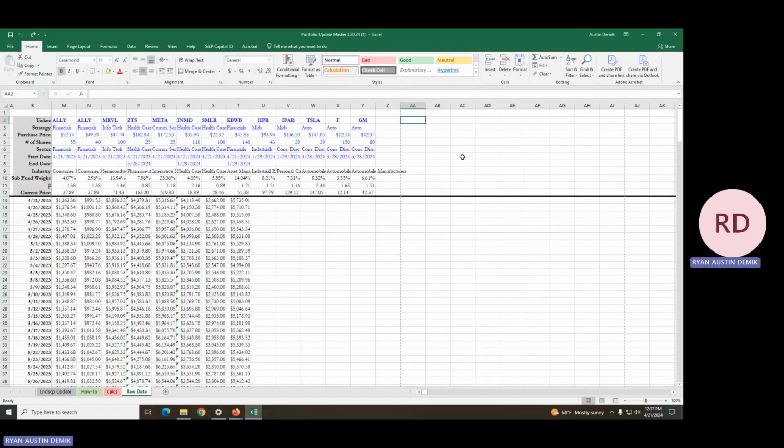So when you're ready to do your stock pick presentation, you want to analyze exactly what the effects of that are going to be on the current fund as it's sitting. This is a great way to estimate what those effects are going to be. So this has been video 2 of 2 of how to update the portfolio update.